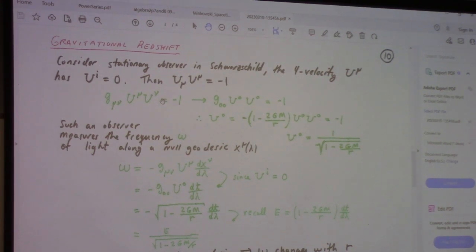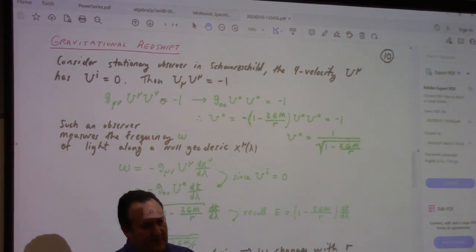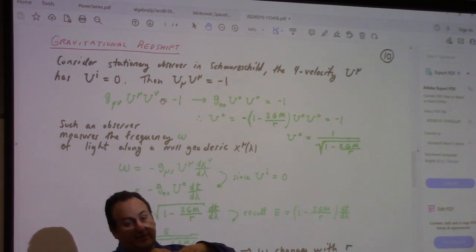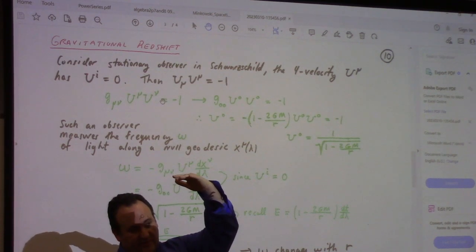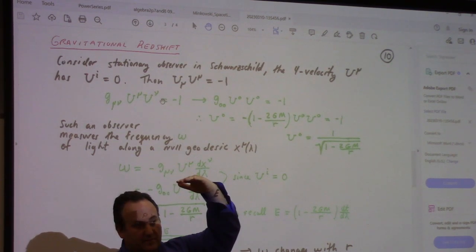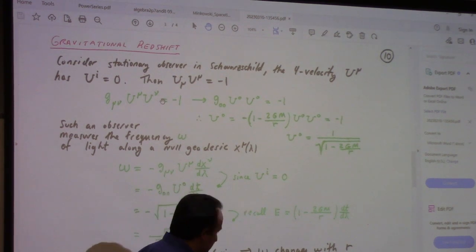One of the things that pops out of this Schwarzschild solution is this wonderful formula that relates the frequency of electromagnetic radiation with the radius from the center of the gravitating object. If you take light and emit it from one radius, and then observe it at a higher radius, the Schwarzschild solution predicts that you're going to measure a different frequency, directly related to how far you are from the center of the gravitation.